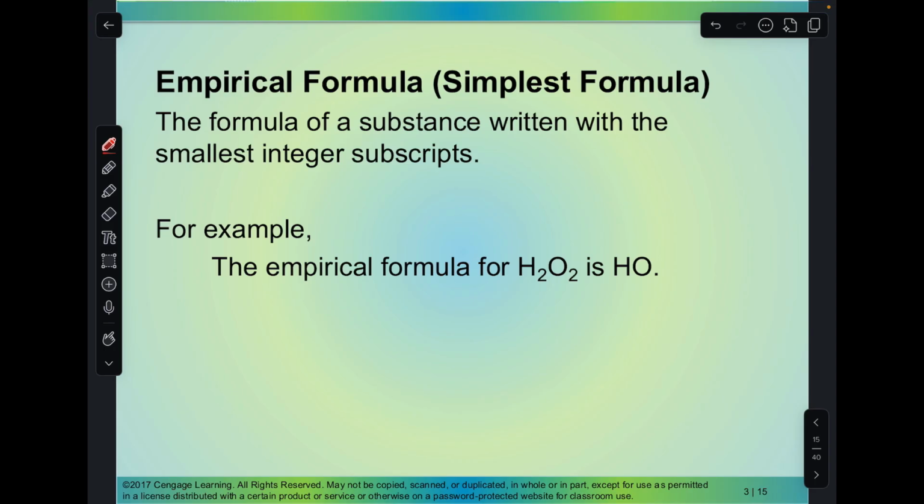All right, so this is the next step where we have the empirical formulas. Empirical formulas of a substance are written with the smallest integer subscript. So basically, you have these molecular formulas that describe kind of the shape, or how things are connected within a compound.